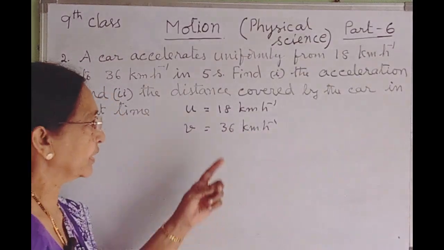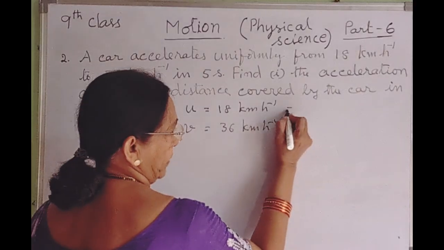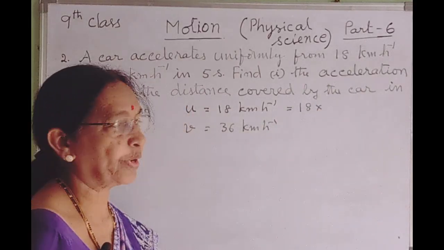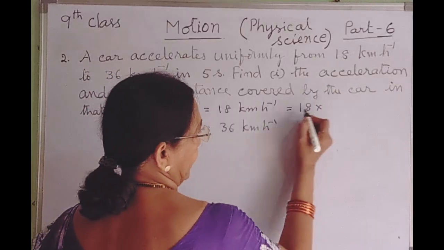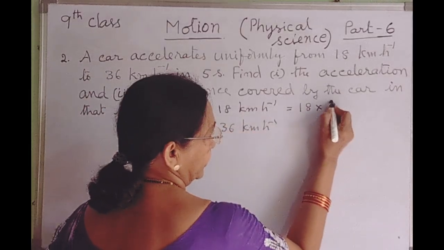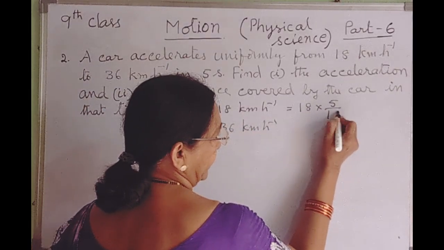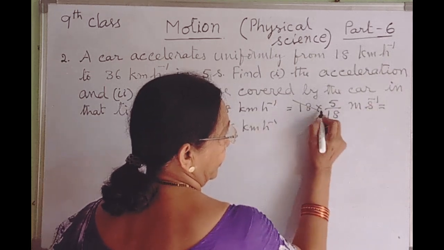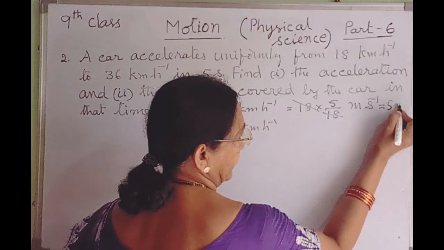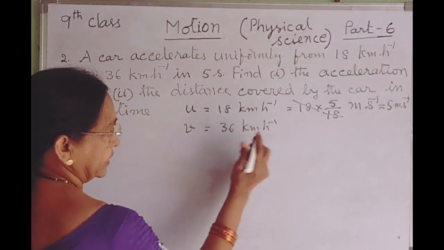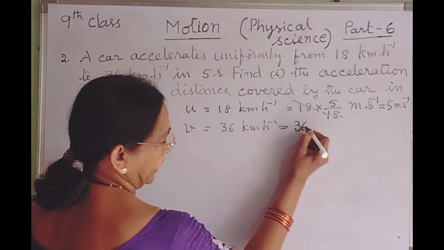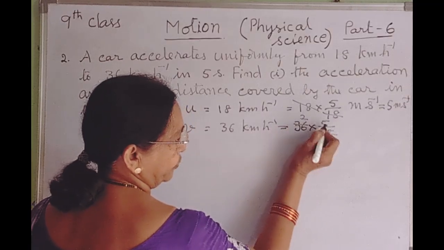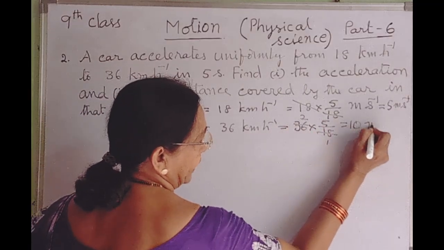We will convert kilometer per hour into meter per second. Each 1 kilometer per hour is equal to 5 by 18 meter per second. Therefore 18 into 5 by 18 is 5 meter per second. Similarly 36 kilometer per hour is 36 into 5 by 18, which is 10 meter per second.